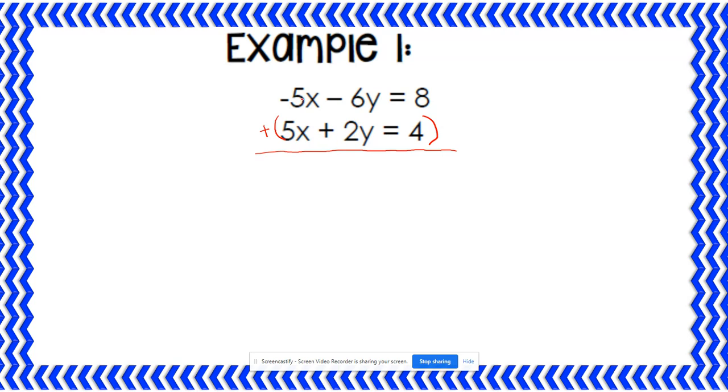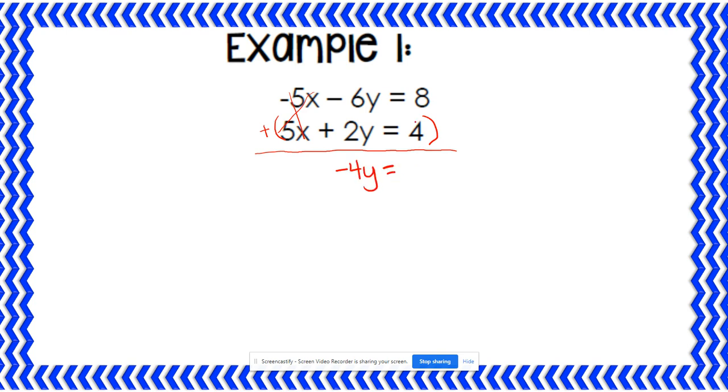I'll add negative 5x plus positive 5x, and that gives me 0x, which means they cancel. We need to be careful here because this is a negative 6y. So I'm adding negative 6y plus positive 2y, and negative 6y plus positive 2y is negative 4y.